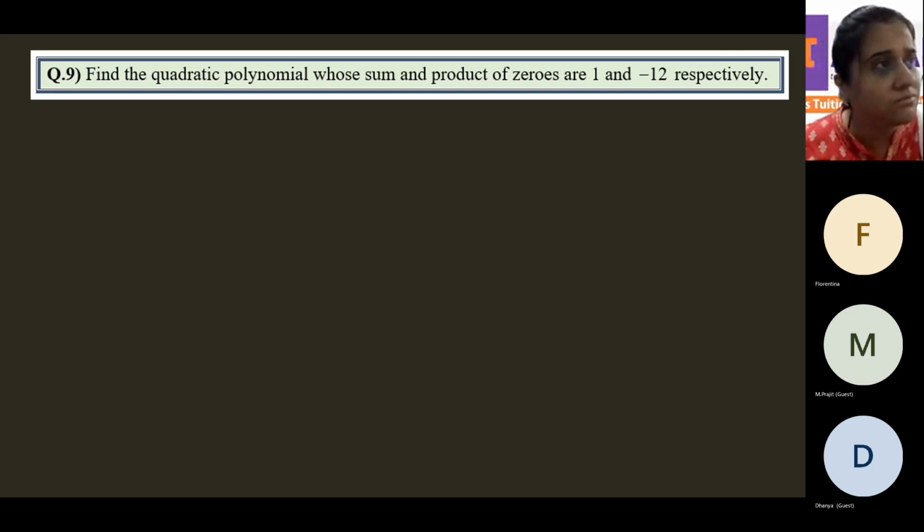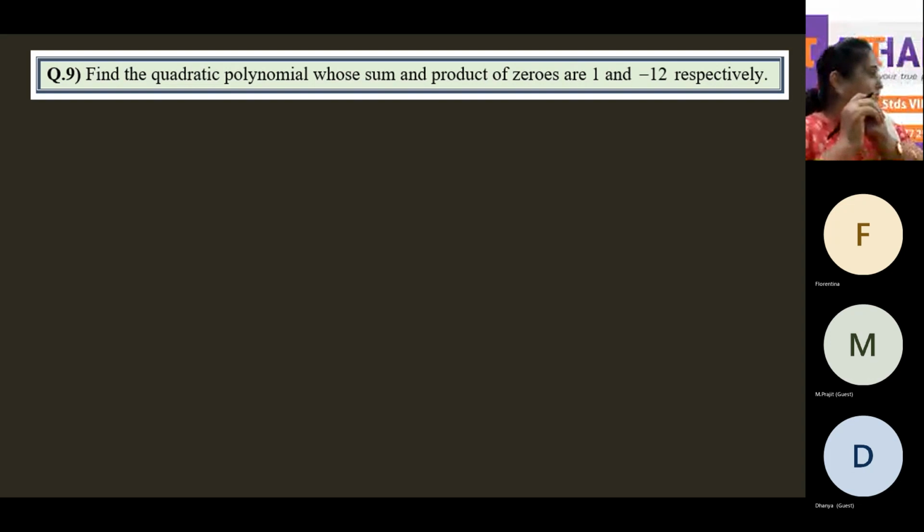Yeah, repeat. Okay. Repeat x square. X square minus x minus 12. Correct? Okay.